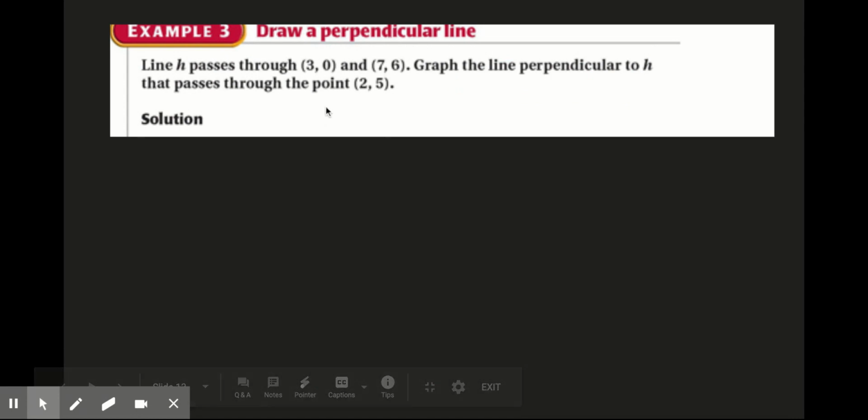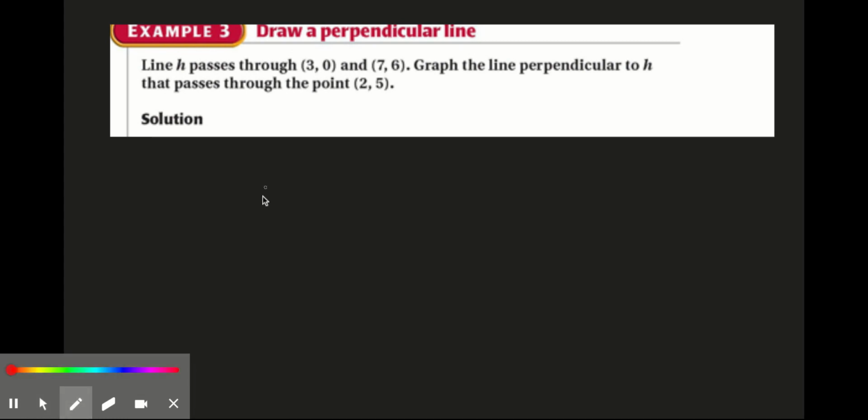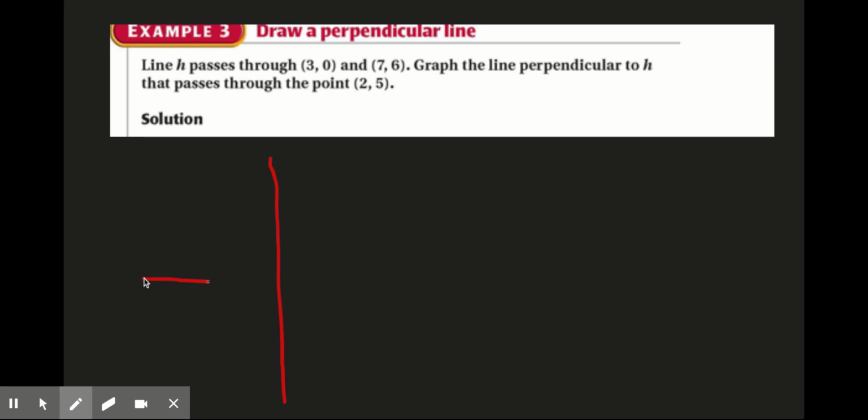One last thing I want to talk about, you guys, is how we can use this information about perpendicular lines to solve problems. In general, in this chapter, and in geometry always, I encourage you very seriously to please draw the situation that the problem is telling you to solve. So line H passes through 3, 0, and it passes through 7, 6.